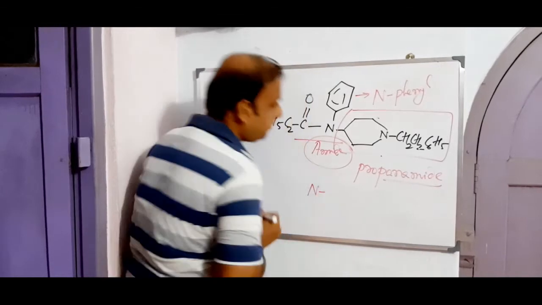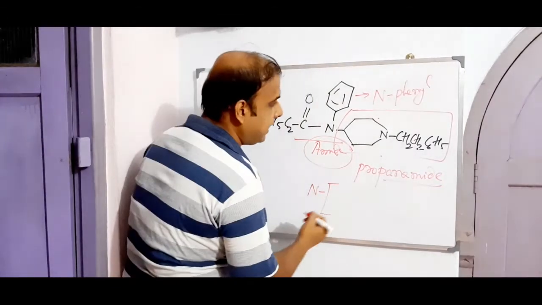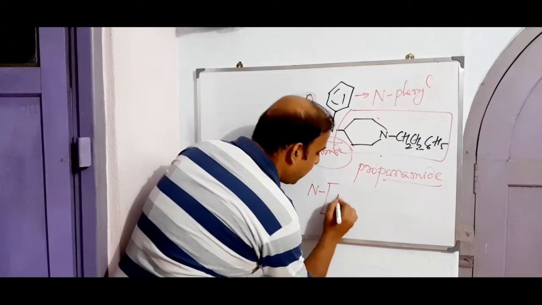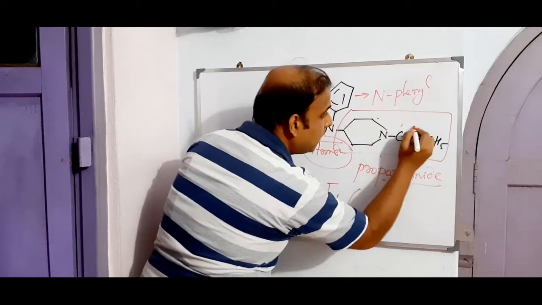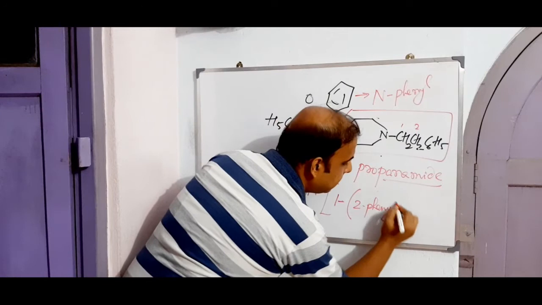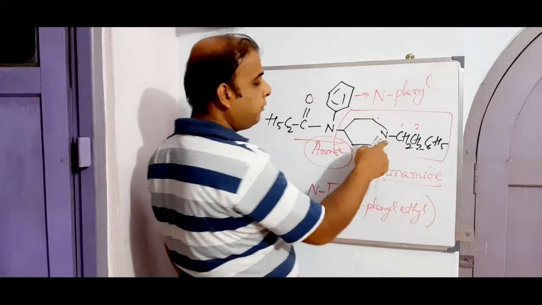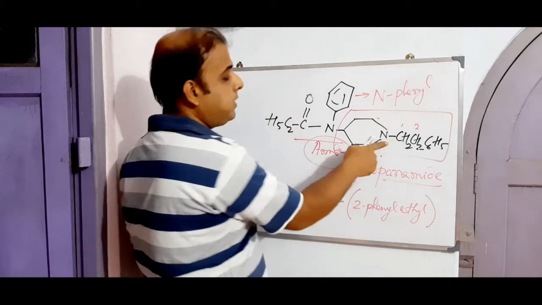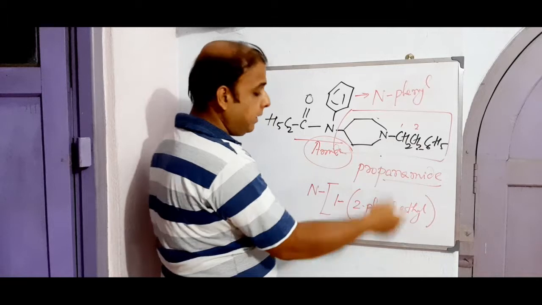N, then put a bracket, and in this bracket we put 1-(2-phenylethyl), close the bracket. That means the first position of this piperidine is inserted with a phenethyl. We are done with this.